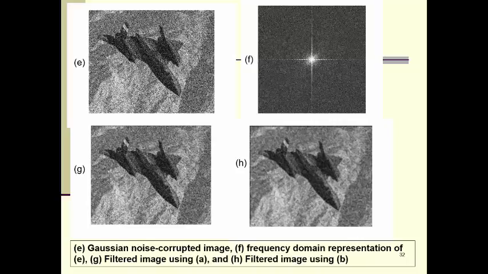So here, let's consider this example. Here we say that this is the Gaussian noise corrupted image, which is image number E. And F is the fast Fourier transform of image E. As you can see from here, since this image is noisy, you will find white dots at the high frequency region.